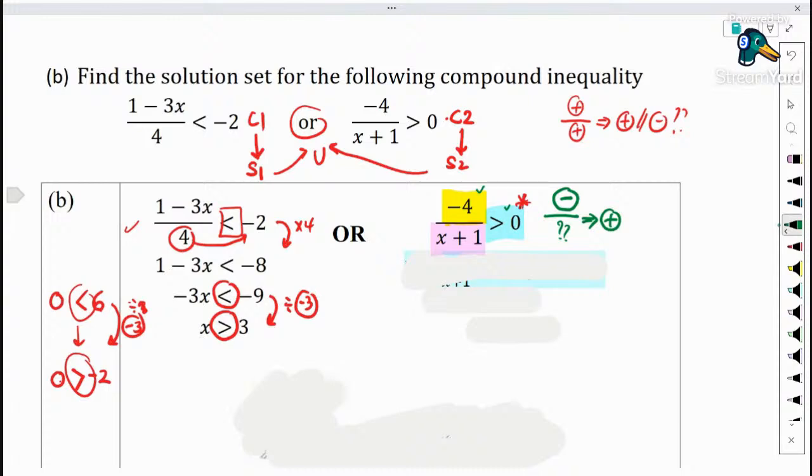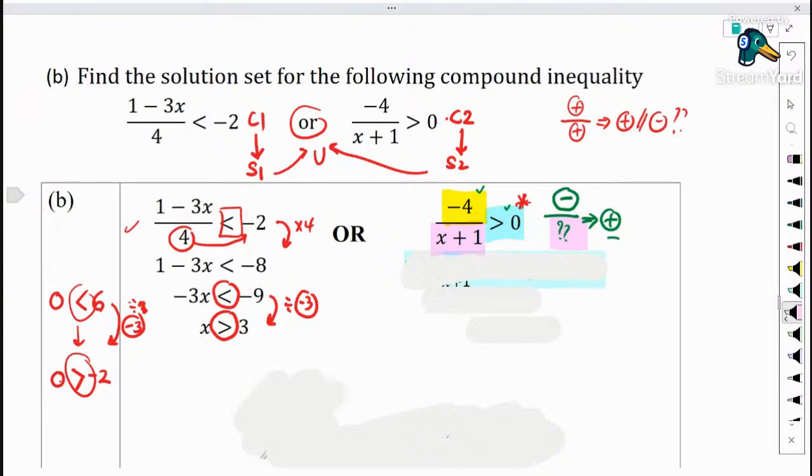Negative divided by something gives a positive result. Just use your common sense. This part with the question mark should be positive or negative so that this division will provide a result of positive.